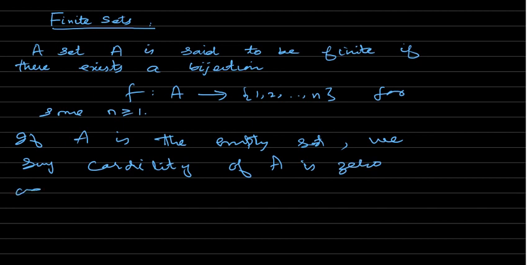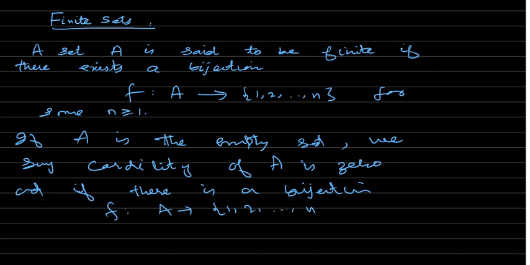And if there is a bijection f from A to this set 1 to n, then we say cardinality of A is n.